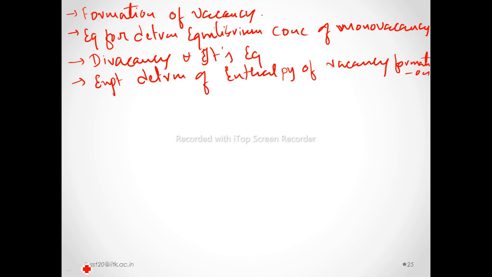Okay, so we will start with the vacancy cluster definition.